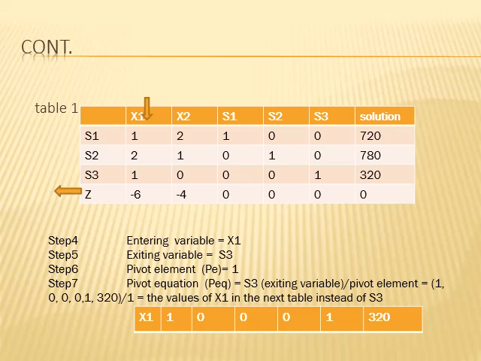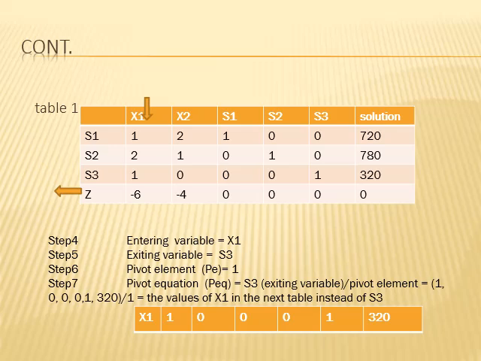To implement this target, step 4 now, determine the entering variable. The entering variable is defined as that variable which faces the biggest negative value in the row of the objective function, or z row.